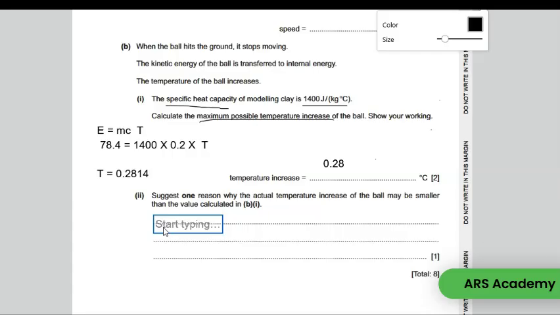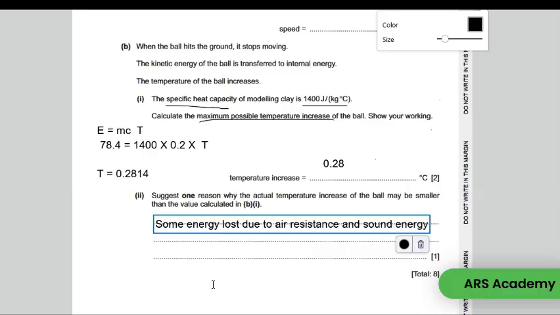And that's because some energy will be lost as sound when the ball falls on the ground. And also, we ignored the effect of air resistance, which is not possible in real-world scenarios. So some energy is lost due to air resistance and some energy is lost as sound energy. And that is why the actual temperature increase might be smaller.